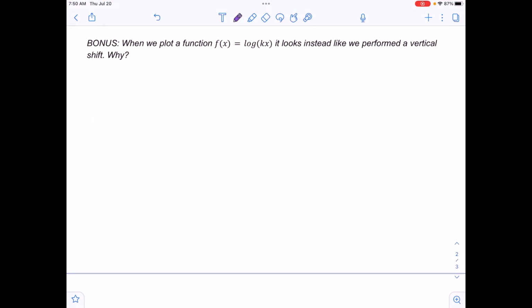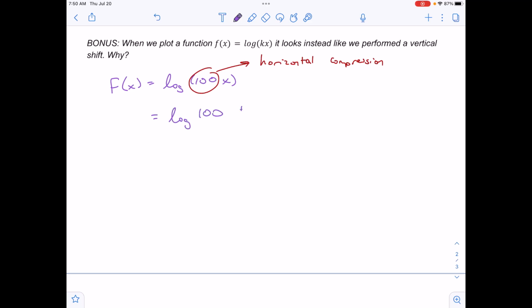So if I have my function is log of 100x, the 100 here should be a horizontal compression. With log laws, we know that we can split this up into 2 terms that are being added. I would have log of 100 plus log of x. Now hold your horses.